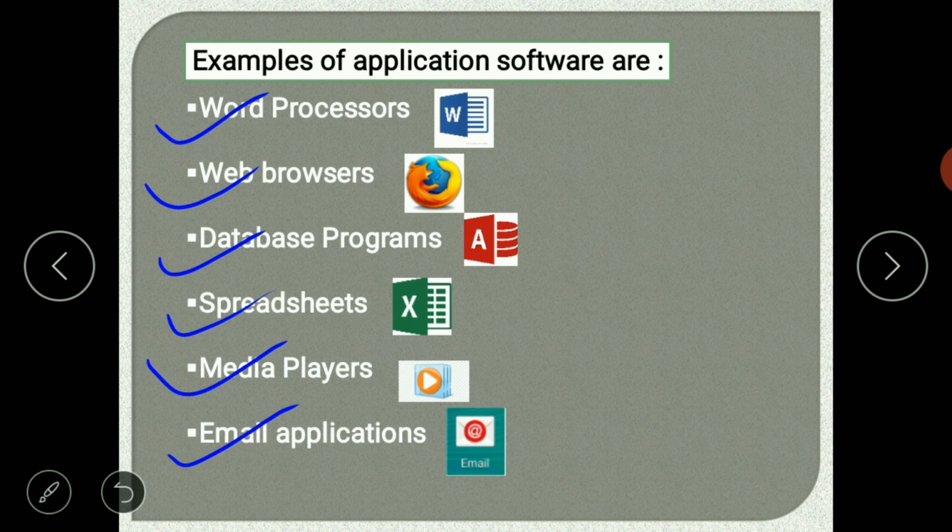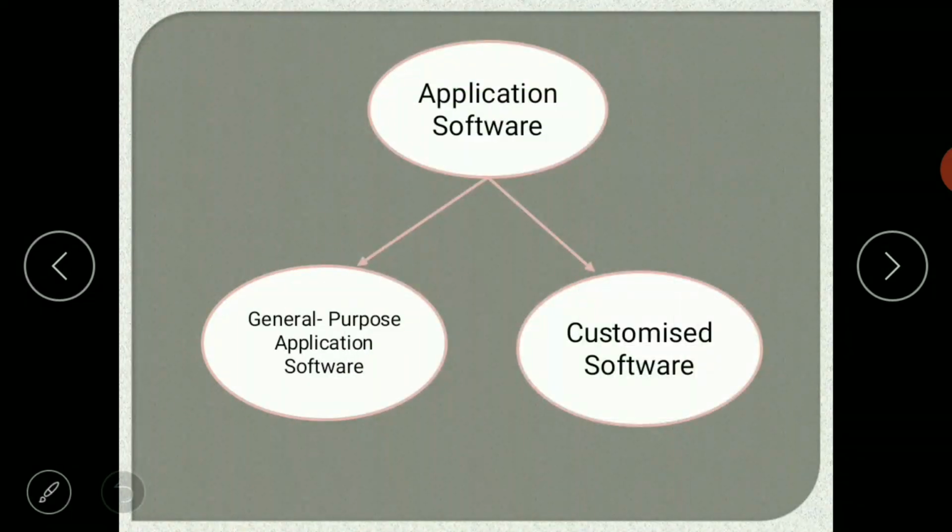We will discuss all these in detail, but before this, let's understand what are the two types of application software. There are two types of application software. First is general purpose application software and second is customized software.